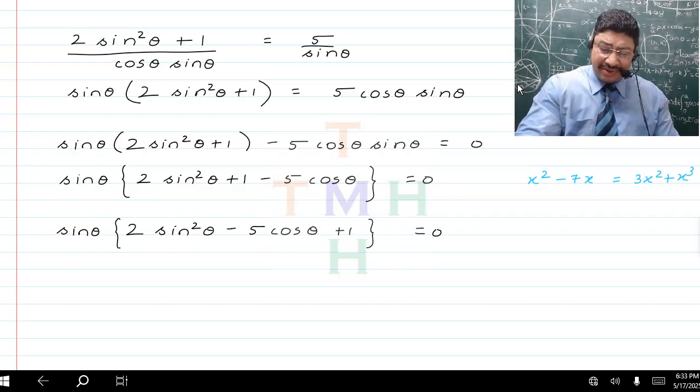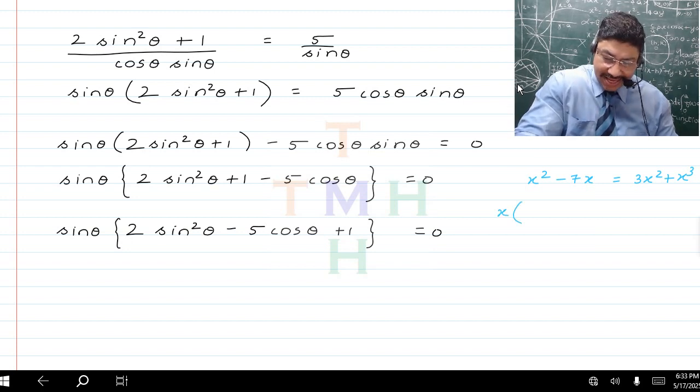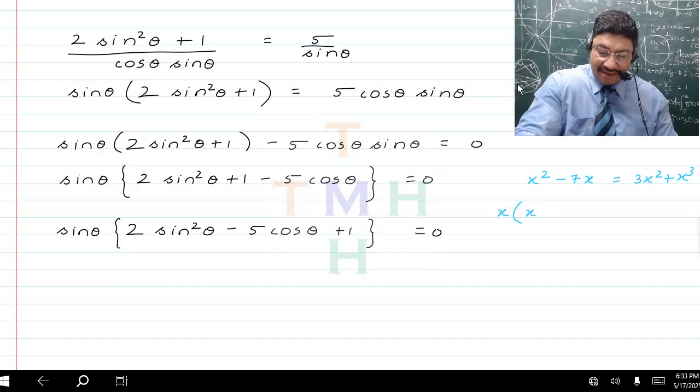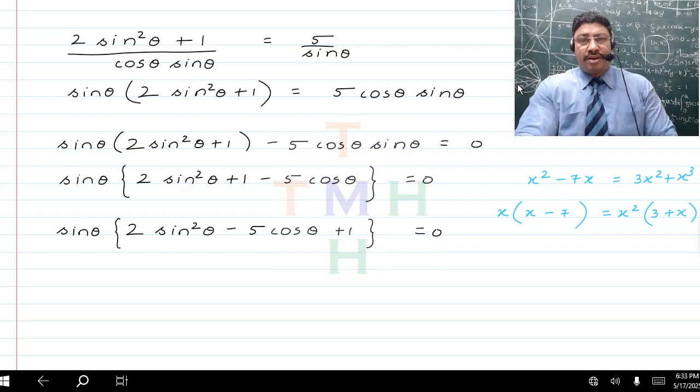Now in this algebraic equation, on the left hand side you can take x common outside, and then you will have x minus 7 left out, and on the right hand side again you can take x square common outside, and then you will have 3 plus x left out, right?